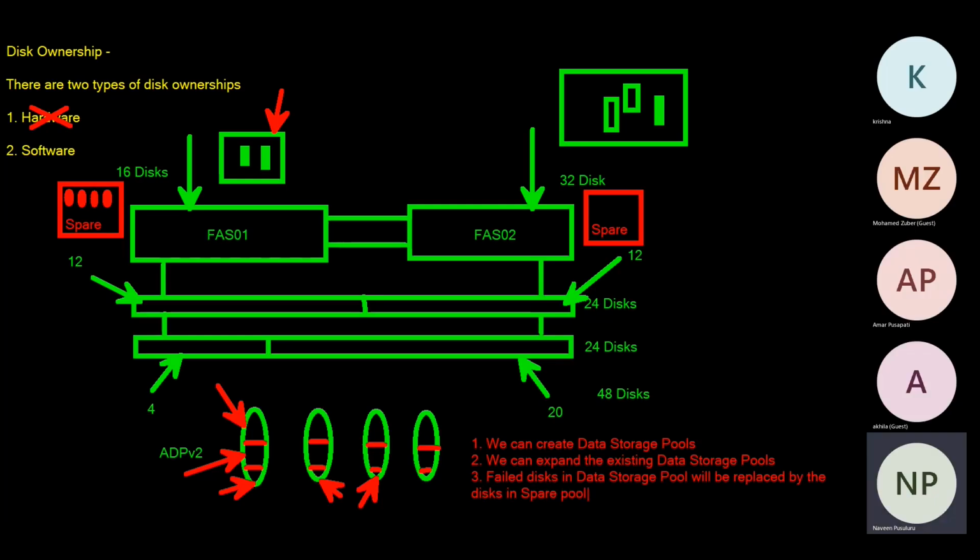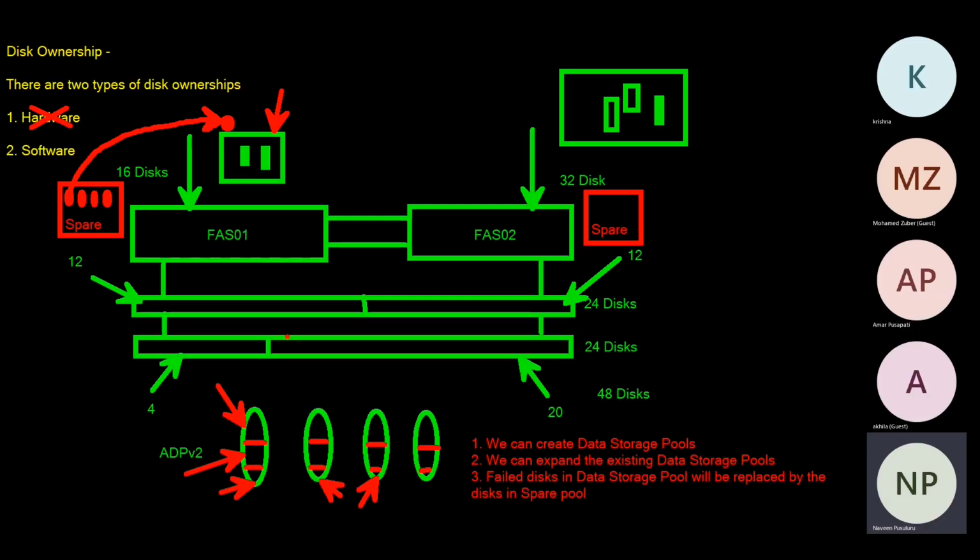For example, I have used a few disks in order to create a data pool. One of the underlying disks got failed. Then a new disk from the spare pool will replace the failed drive.